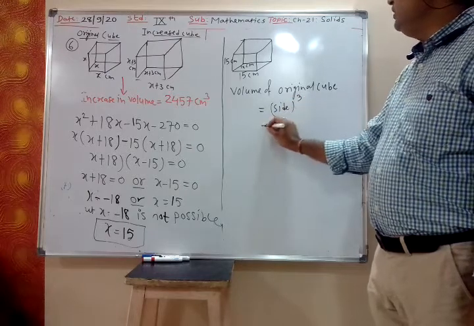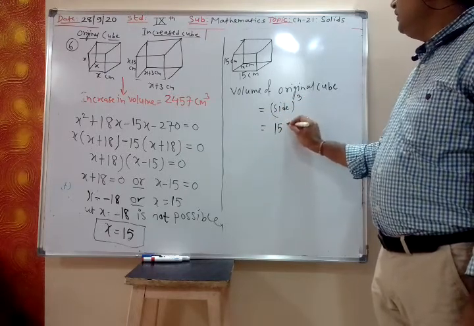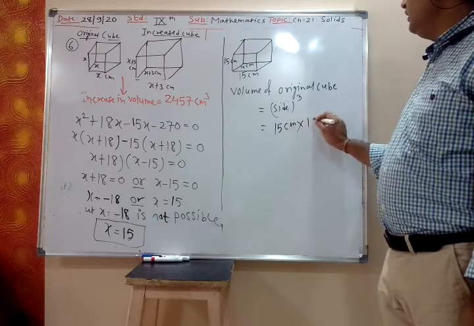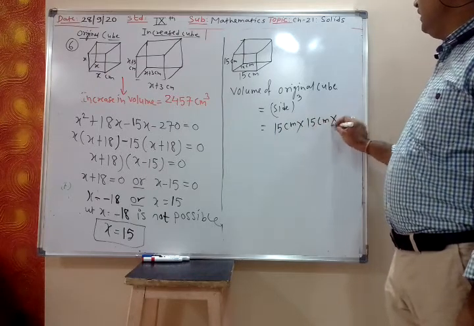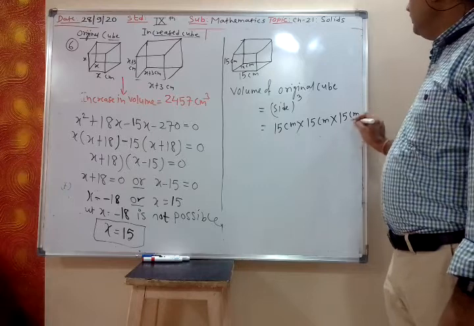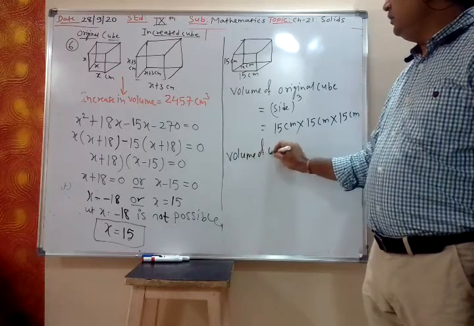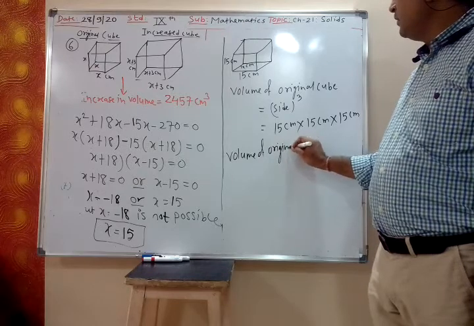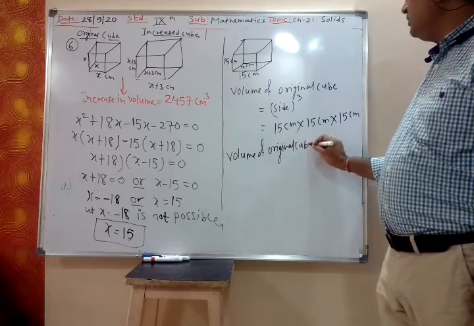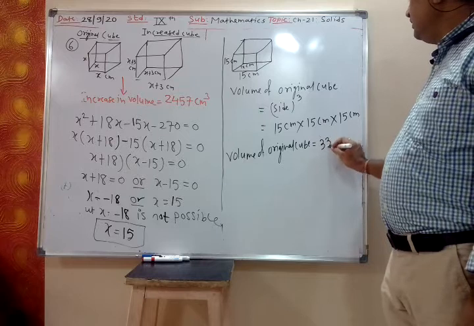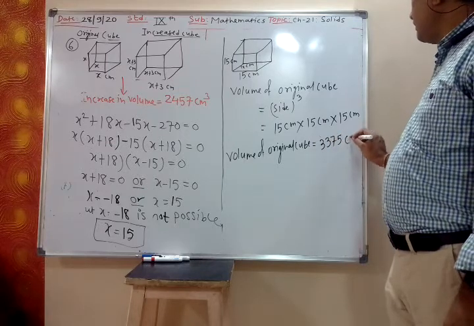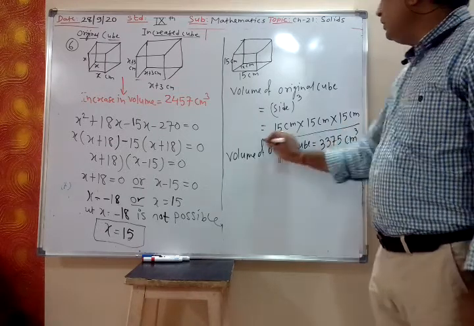So 15 centimeter cube, 15 centimeter into 15 centimeter into 15 centimeter, 3375. So volume of original cube is 3375 centimeter cube.